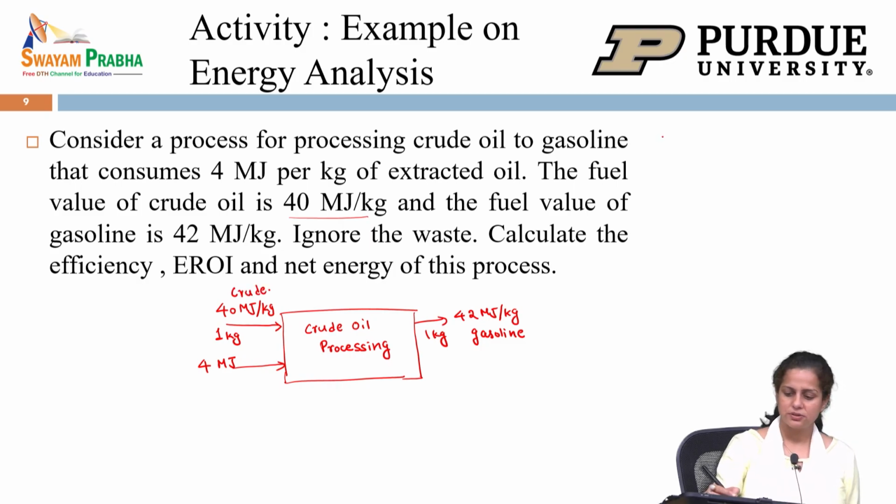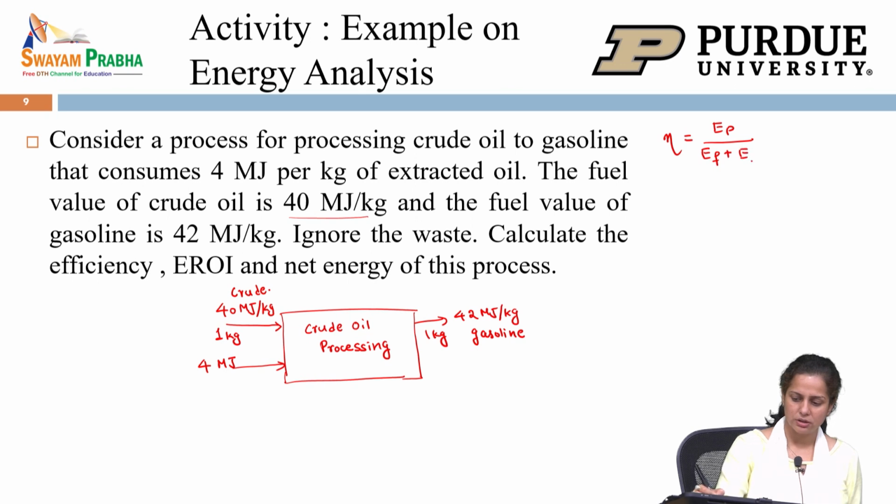For efficiency, we remember it is energy in the product divided by energy in the feedstock plus energy in the processing of feedstock. So, our EP is 42 and our feedstock is 40 megajoule and our processing is 4.